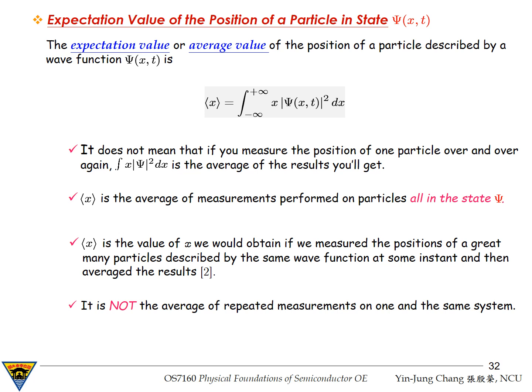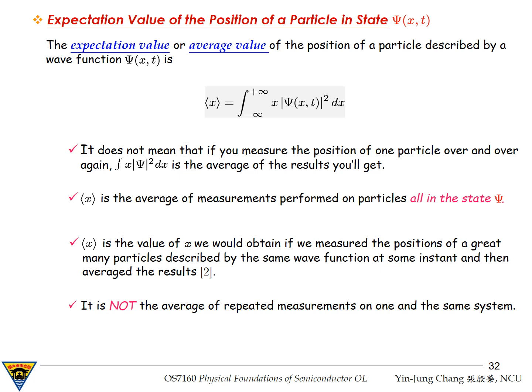So the expectation value of x should be interpreted statistically. It is the value of x we would obtain if we measured the positions of a great many particles described by the same wave function at some instant, and then averaged the results.